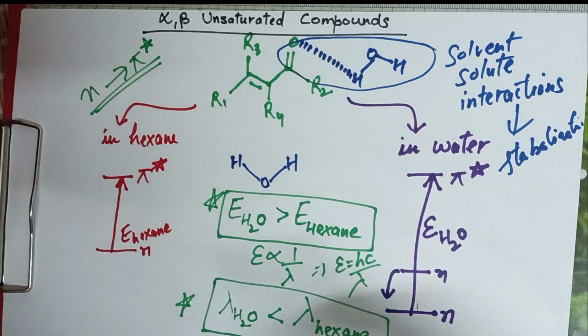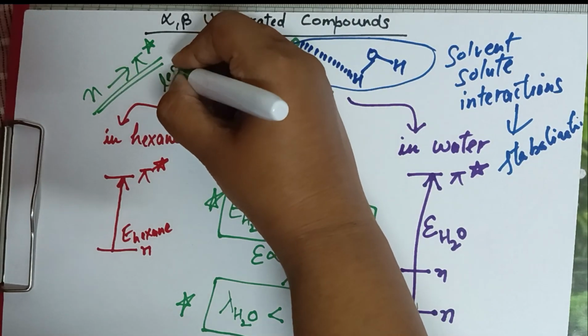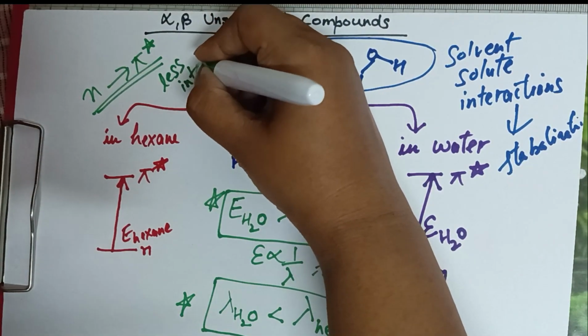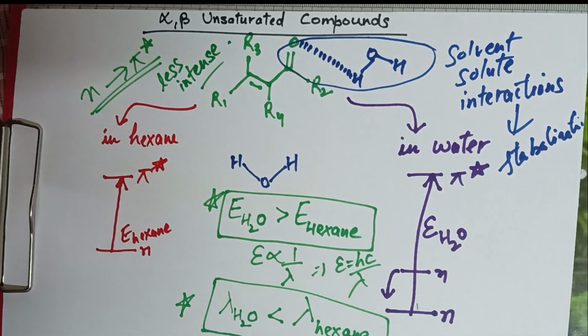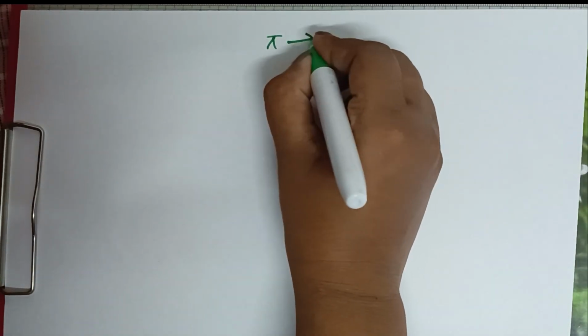So these n to pi star transitions are comparatively less intense, as we already know, as compared to the pi to pi star transitions, right? So now we will move on to the pi to pi star transitions. Okay, so now we will discuss the pi to pi star transitions.